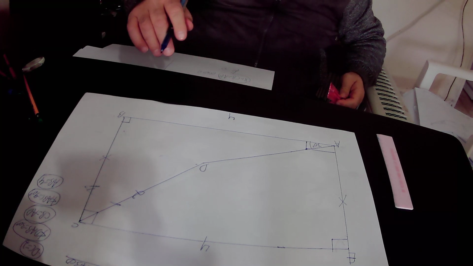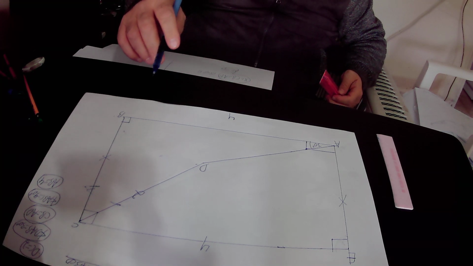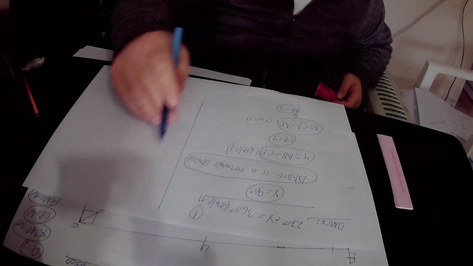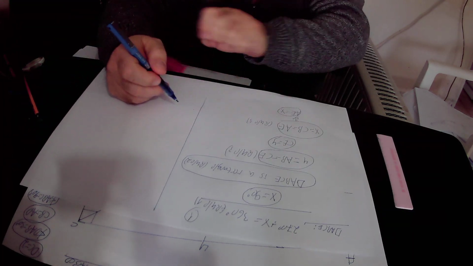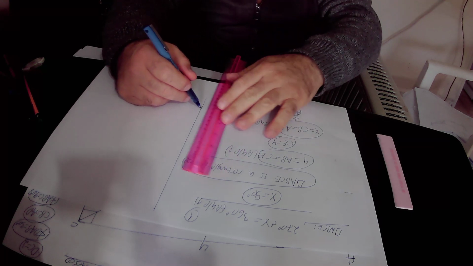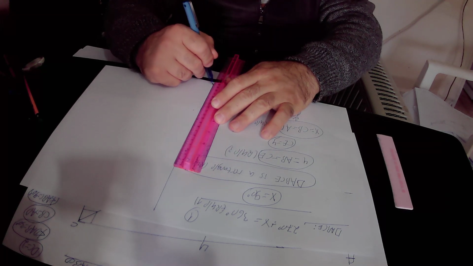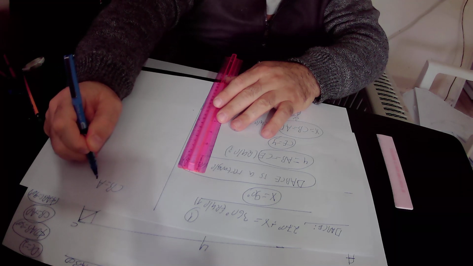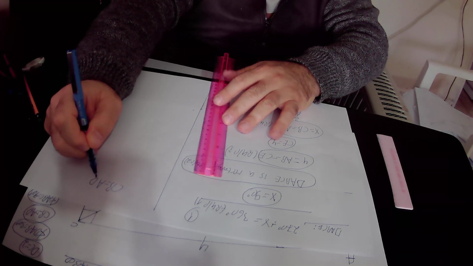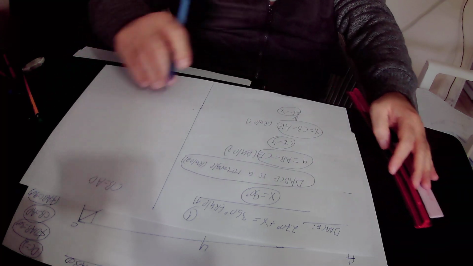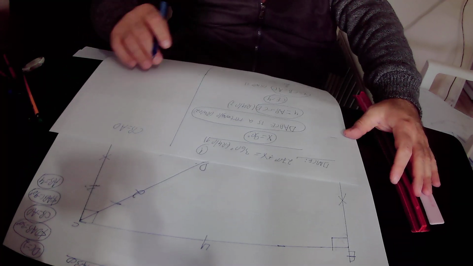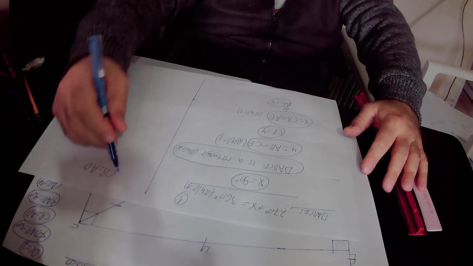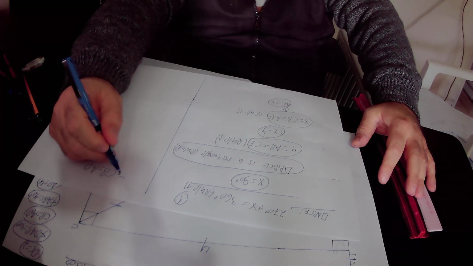It is given us in the question that CB equals to AD, but according to our definition, CB equals to x.